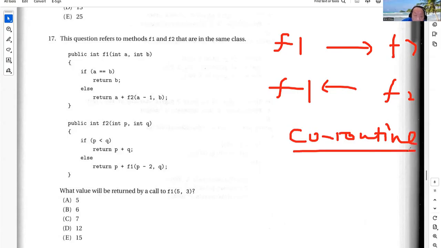When coroutine happens, there's no way to analyze it scientifically, like knowing the purpose. So you can only plug the numbers in to test it. There's no way to figure out what is going on, because function one calls function two, but function two may also call function one. So you can only go step by step.